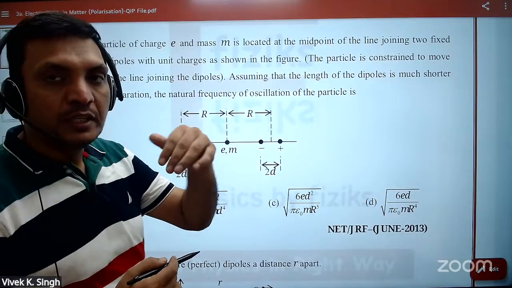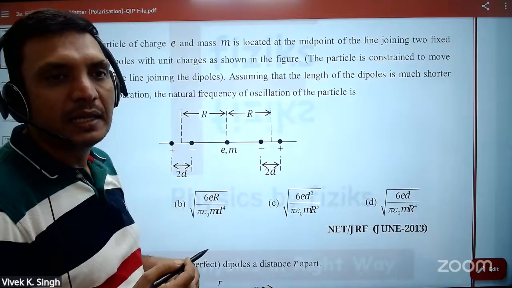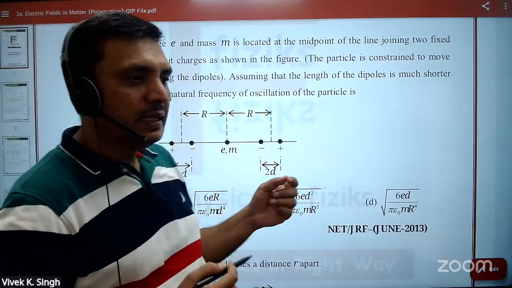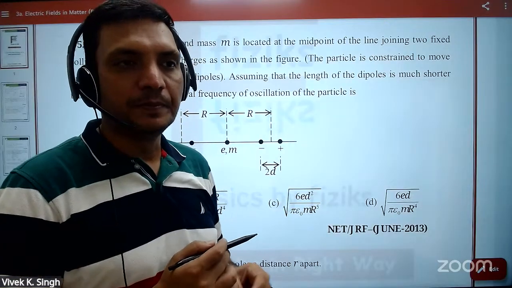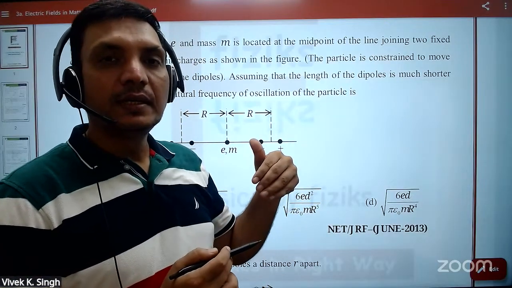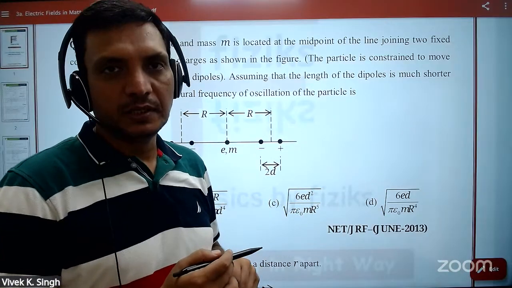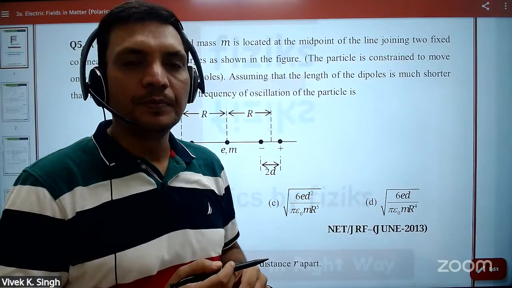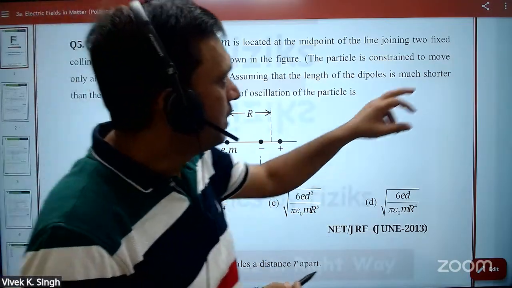If you find the force on a particle, and you slightly displace it from its equilibrium position, the force is always opposite to the displacement. If you can express it in that form, then you can find its period of oscillation. So let's see how you will find it.